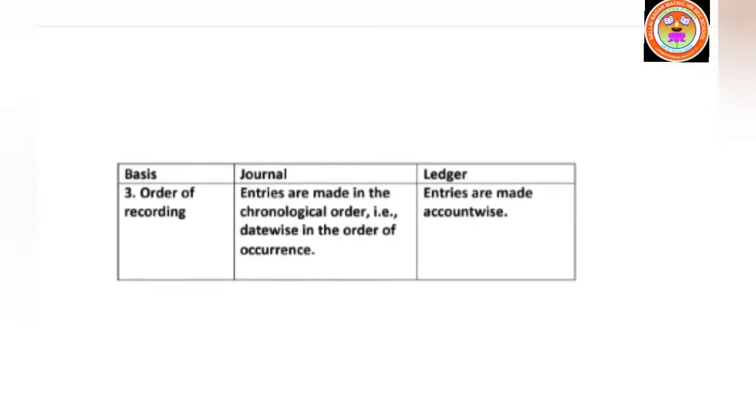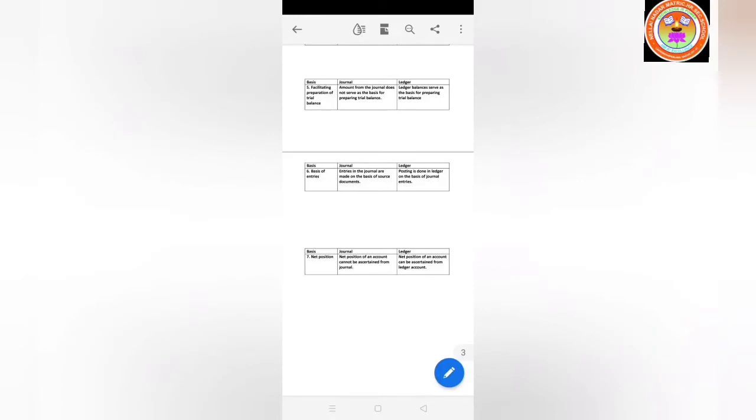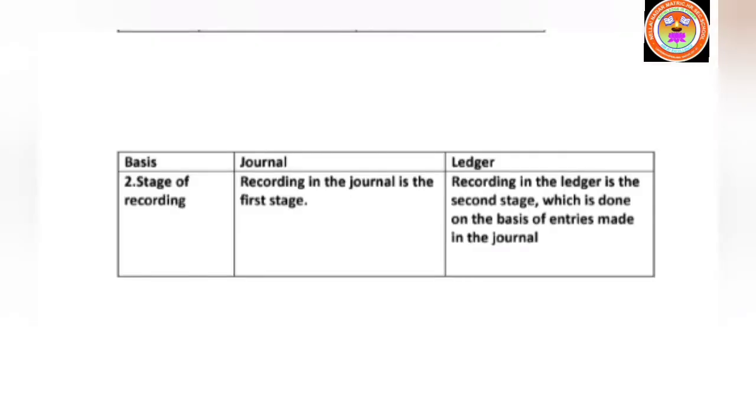Stage of recording: recording in the journal is the first stage. Recording in the ledger is the second stage, which is done on the basis of entries made in the journal.